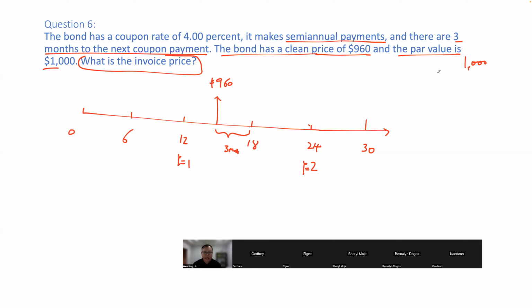Okay, so the idea here is that you have to pay, because what happened is the clean price would representing the payment on the 18th month. Sorry, I was drawing this picture incorrectly.